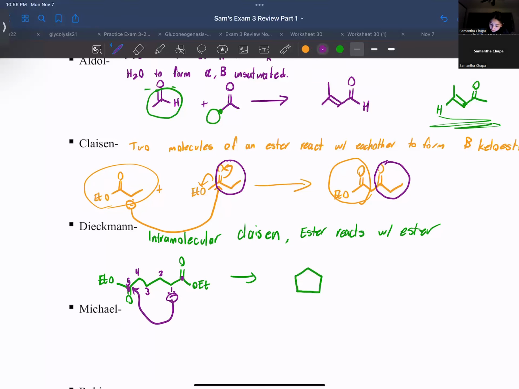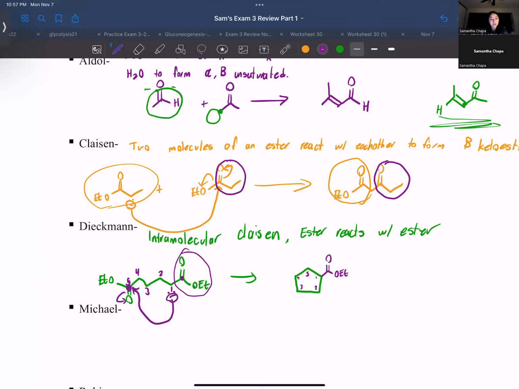And then I'm going to number everything. So arbitrarily 1, 2, 3, 4, 5. Okay, at carbon 1, right here, I have an ester group. I have a whole ester group. And at carbon 5, notice how I'm attacking the electrophile, and then you break the double bond of oxygen, right?